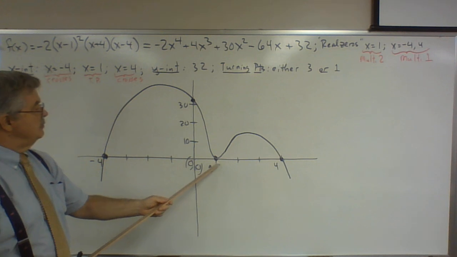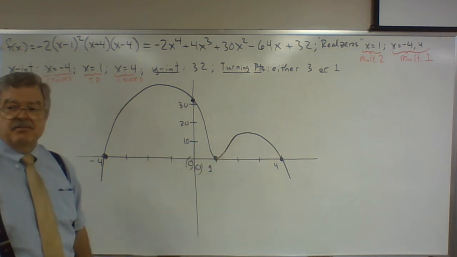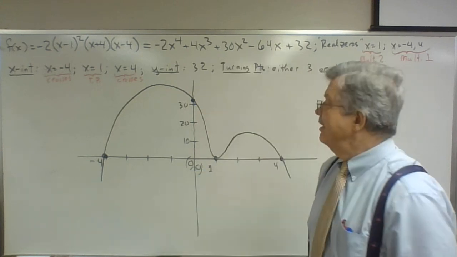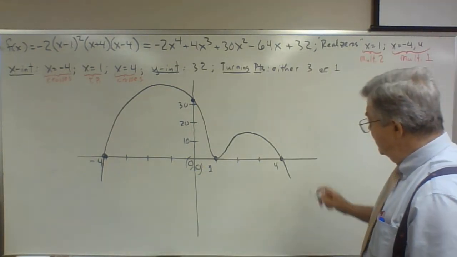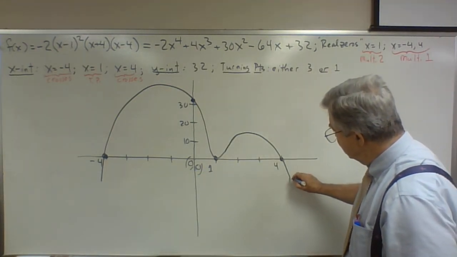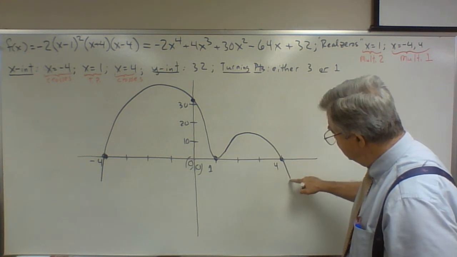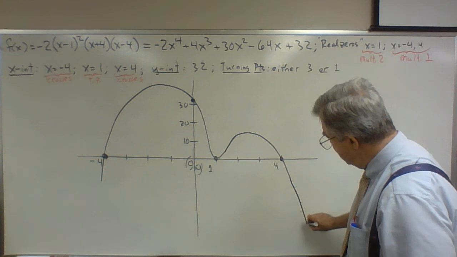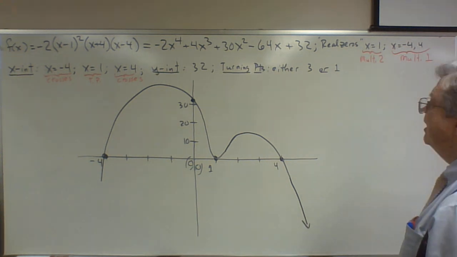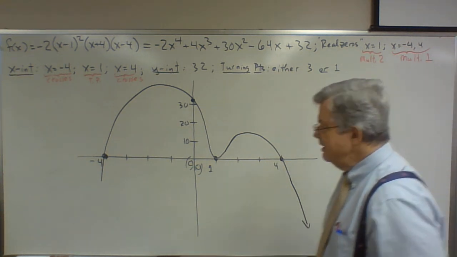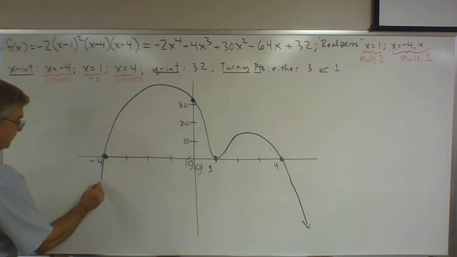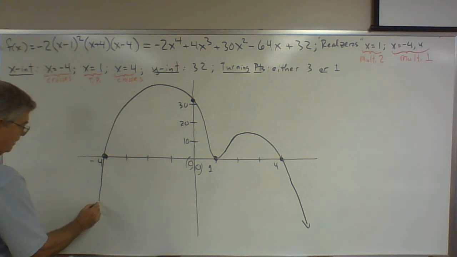And 1, 2, 3, we got 3 turning points. There ain't gonna be no more. Which means that the graph can't turn around right here. It has to keep on going down and to the right. And right here, the graph can't turn around. It's got to keep on going down and to the left.